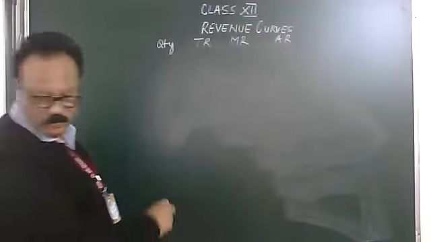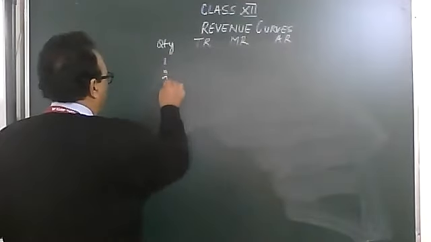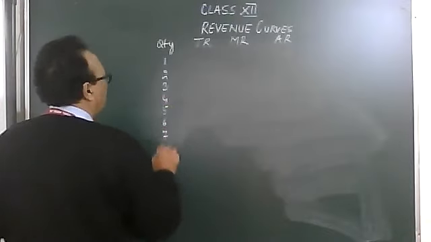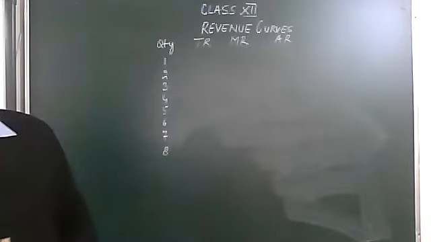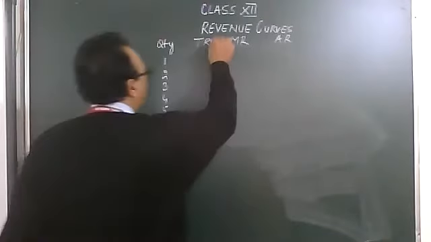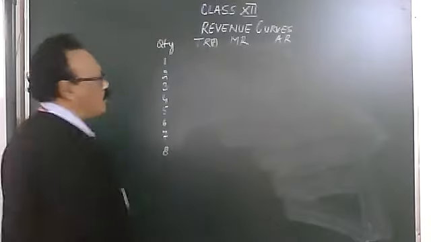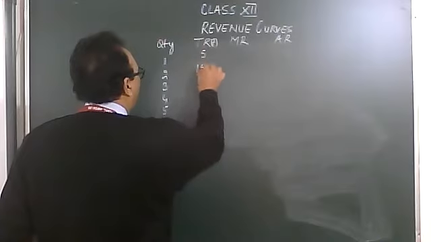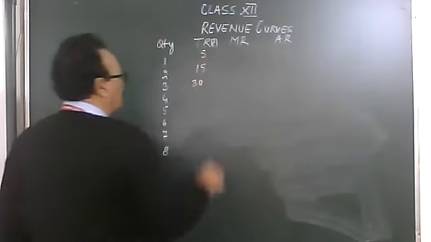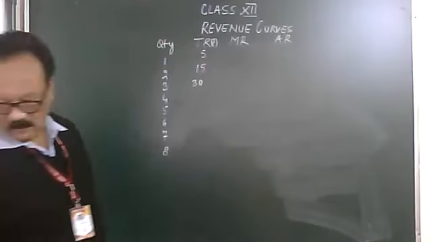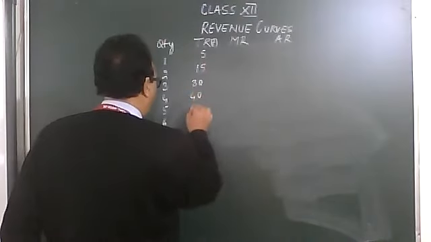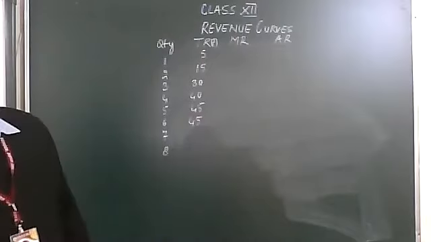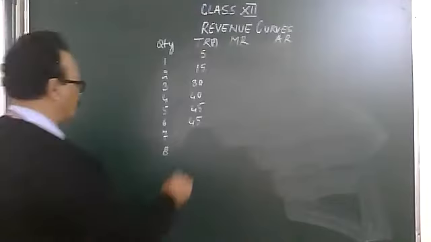Now let us take quantity 1, 2, 3, 4, 5, 6, 7, 8. TR in rupees, we take values, total revenue, let's say 5, 15, 30, 40, 45, 45, 40 and 30.